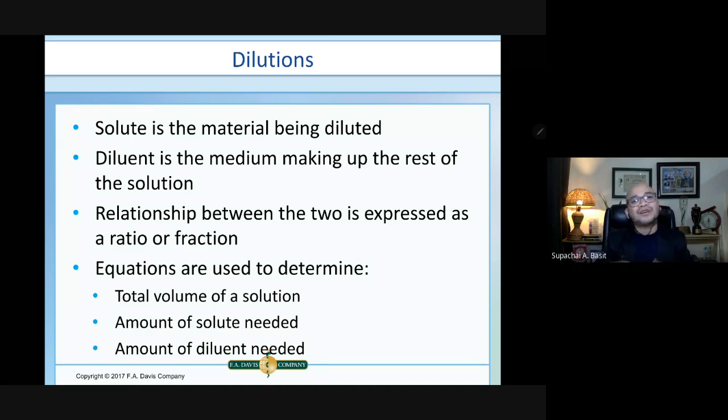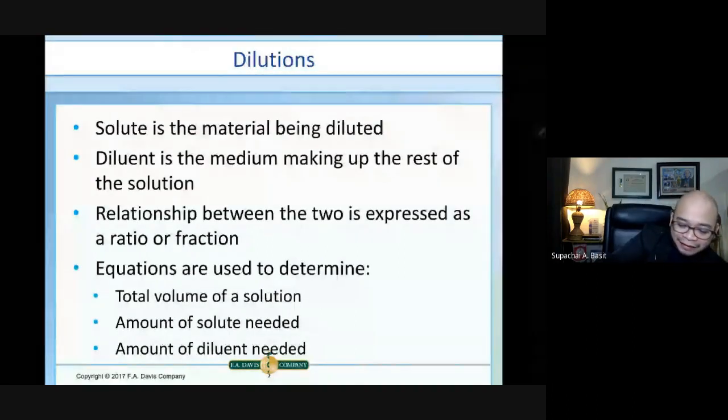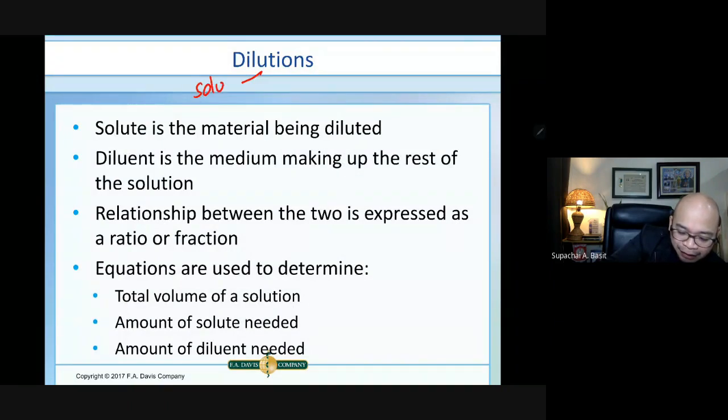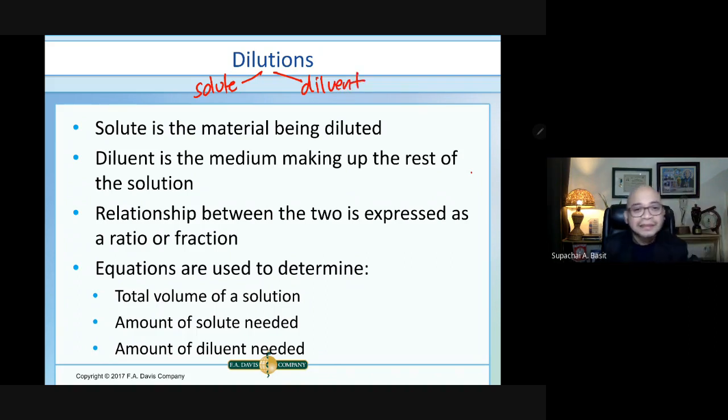Okay, so let's talk about dilution. If the solution is too concentrated, we need to dilute it. Okay, so therefore, in the dilution, there are two terms that you need to understand. The first term is the solute, and the second term is the diluent.